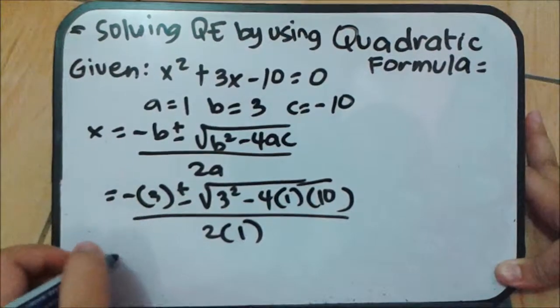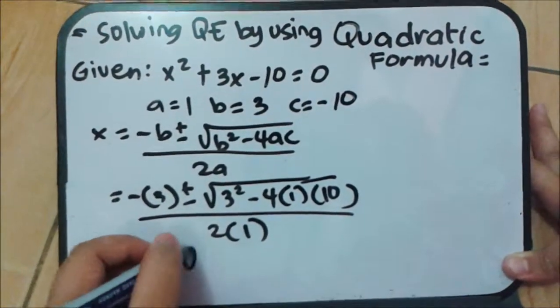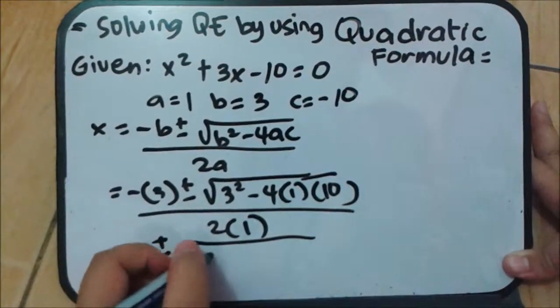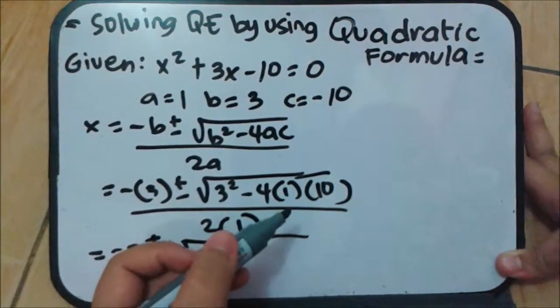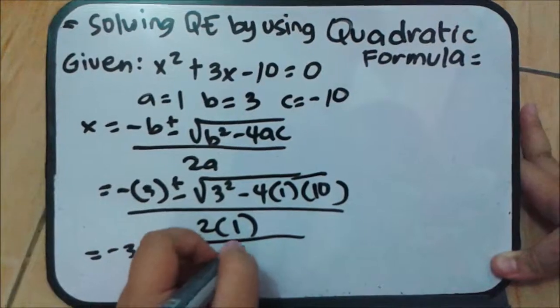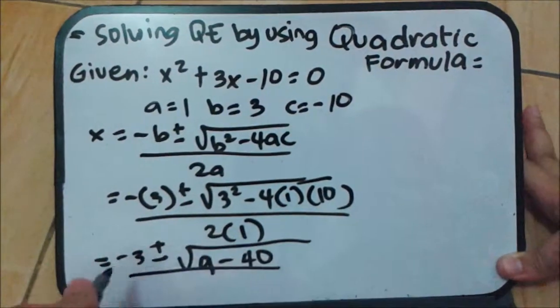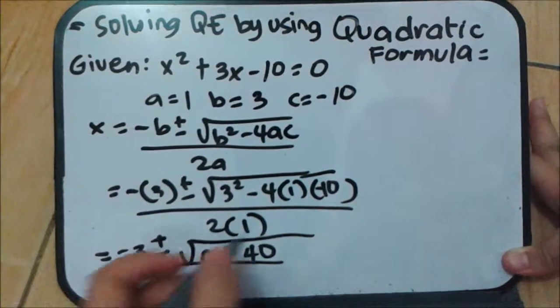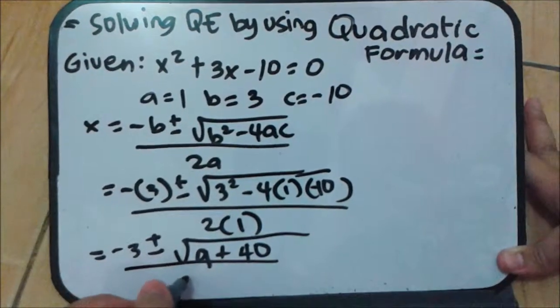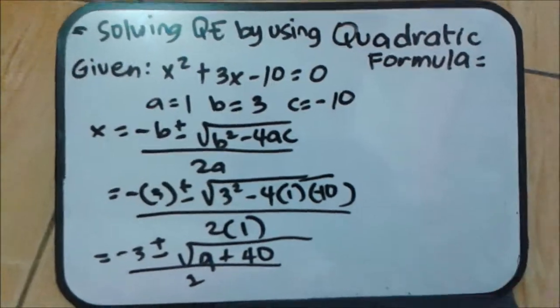The quadratic formula is negative b plus or minus the square root of b squared minus 4ac all over 2a. Then substitute negative 3 plus or minus the square root of 3 squared, which is 9, minus 4 times 1 times negative 10, which is plus 40, all over 2 times 1, which is 2.